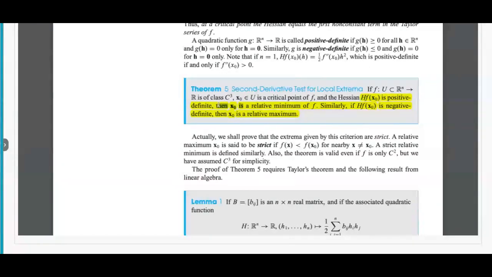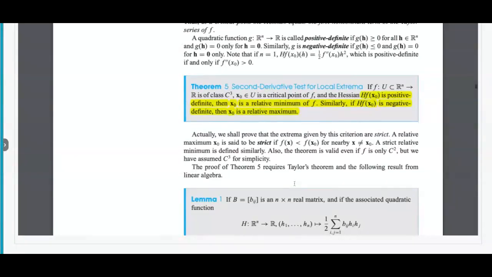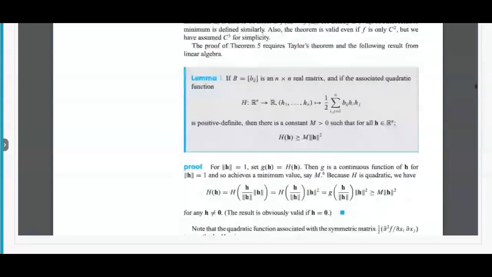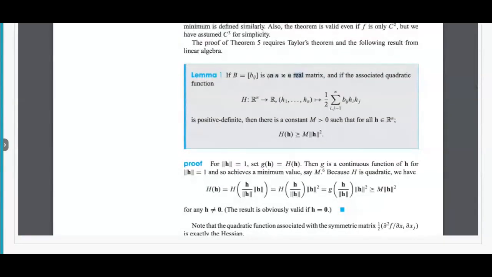Then x naught is a relative minimum of f. If the Hessian is negative, then x naught is a relative maximum. This is the lemma.